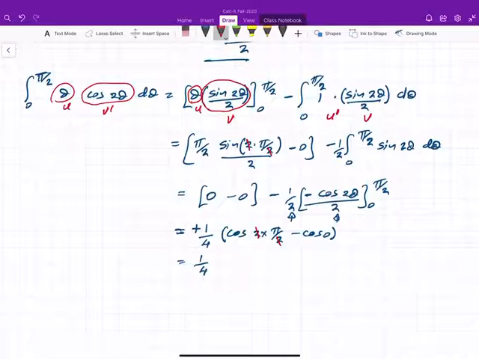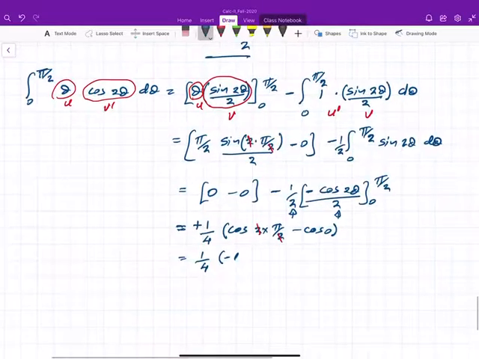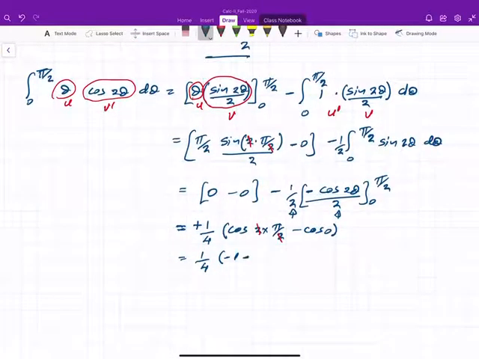Cos pi is -1, cos 0 is +1. So this is negative, negative, -1, -1 is -2, over 4 is -1/2.